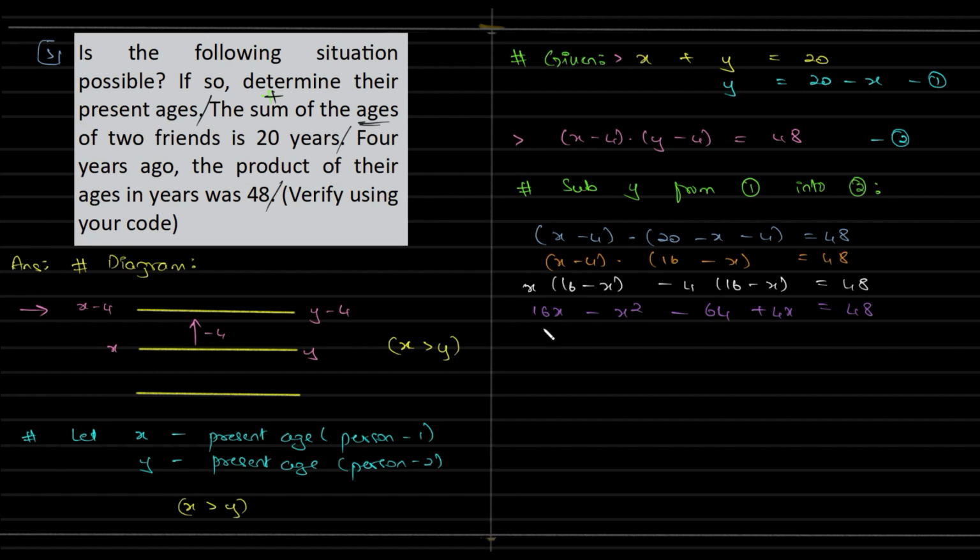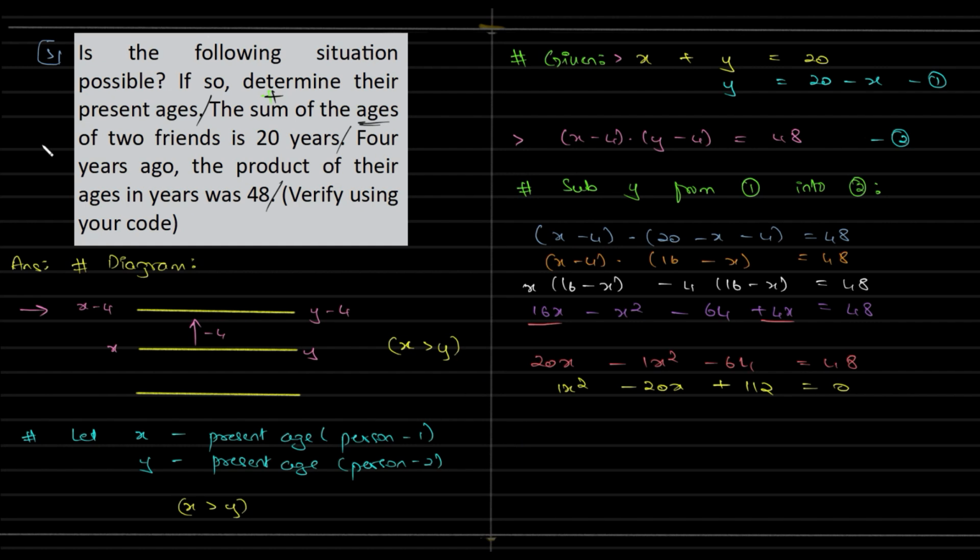Right? So let's look at the like terms. And we have 20x minus 1x square minus 64 is equal to 48. Let's transpose it. We have 1x square minus 20x plus 112 is equal to 0. Right? Okay, that's correct. Now we got the equation.